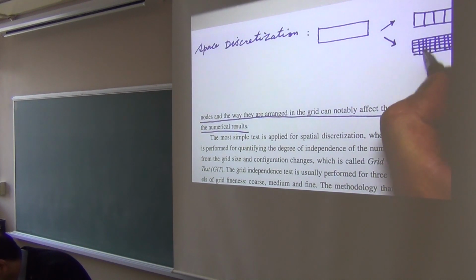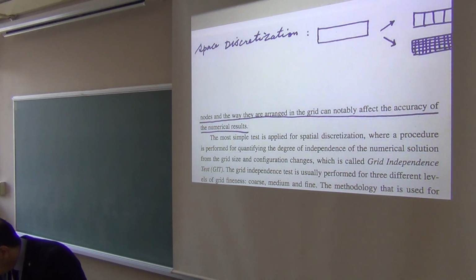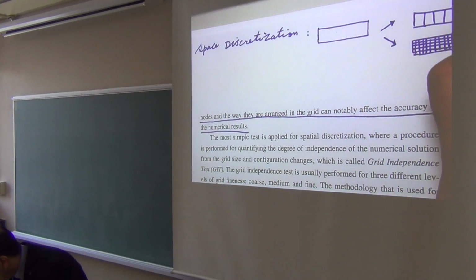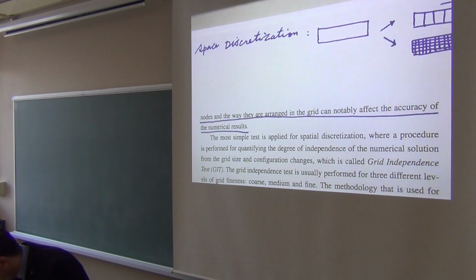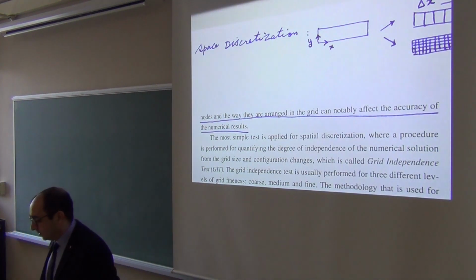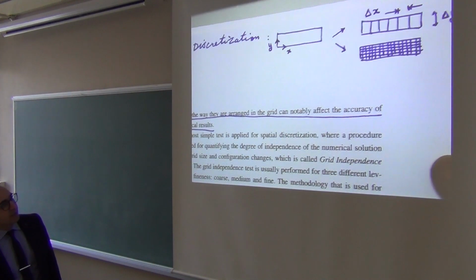So you see the space discretization is different for the 2 grids. And if I try to model, run or solve my model on each of the 2 grids, I may get different answers. So it matters the way the grid has been discretized.